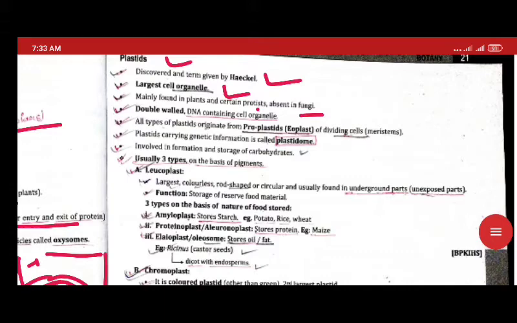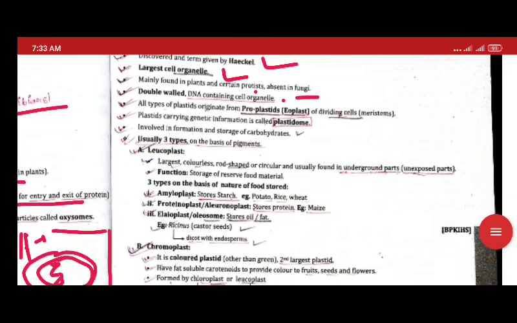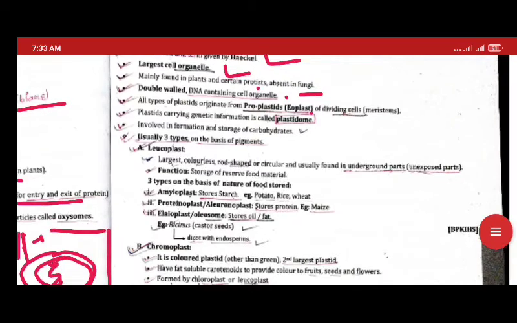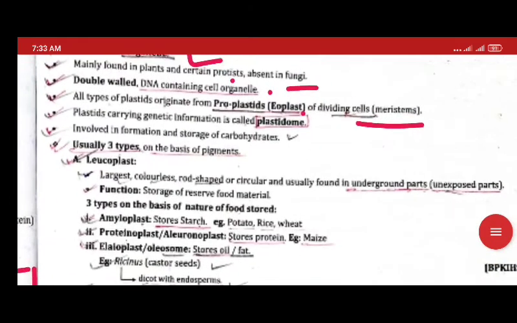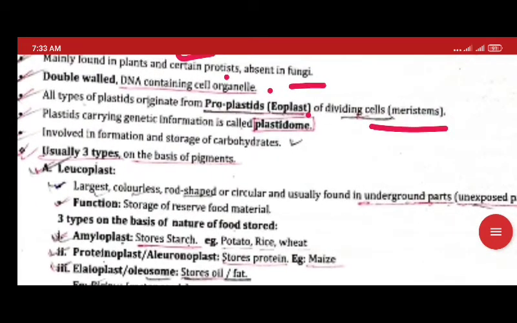It is a double-walled, DNA-containing cell organelle. Now plastid originates from pre-plastid, called proplastid or eoplast, by division in meristematic cells. Now the plastid carries genetic information, called plastidome. Now it is involved in storage of carbohydrates.